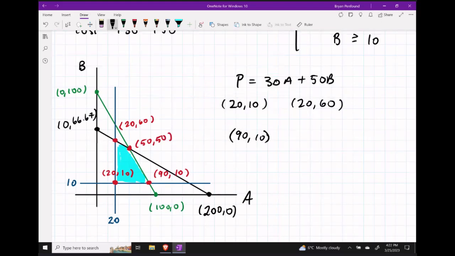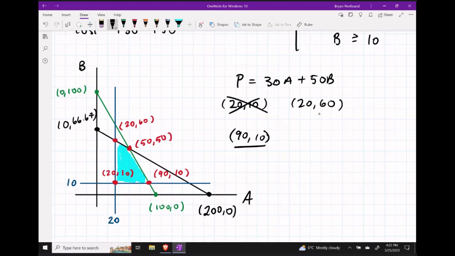All right, so I'm going to go ahead and start my preliminary analysis on the maximization function with the corner points (20, 60), (20, 10), and (90, 10). Obviously, (20, 10) is not going to be the maximal profit because we know that both (20, 60) as well as (90, 10) are going to bring in more profit than (20, 10).